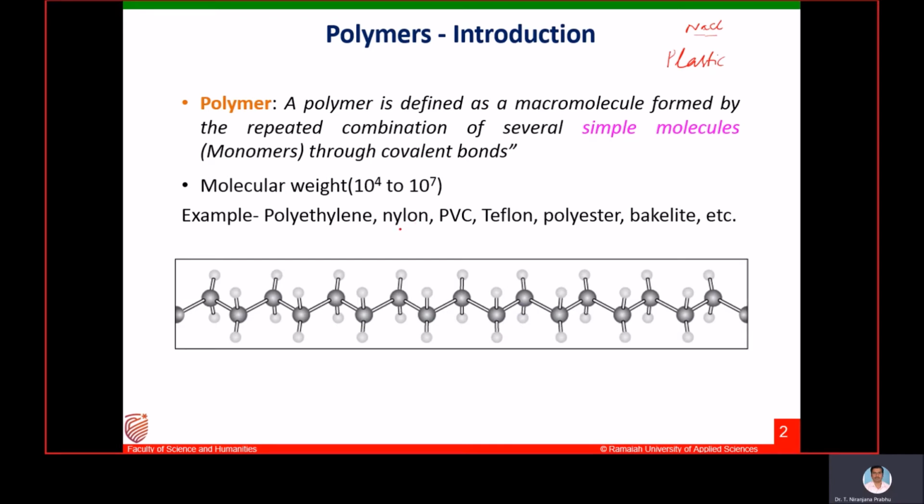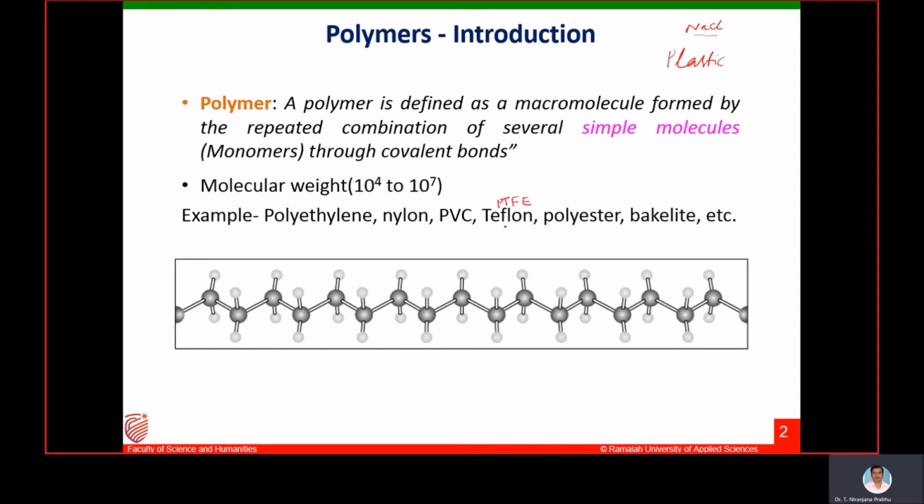We use nylon, and you have heard of nylon ropes. We use polyvinyl chloride, the pipes used in our domestic applications for transportation of water and other such purposes. Then Teflon. Teflon is a very common one, a very tough plastic, highly resistant to chemical attacks, and a very thermally stable material. Teflon is polytetrafluoroethylene.